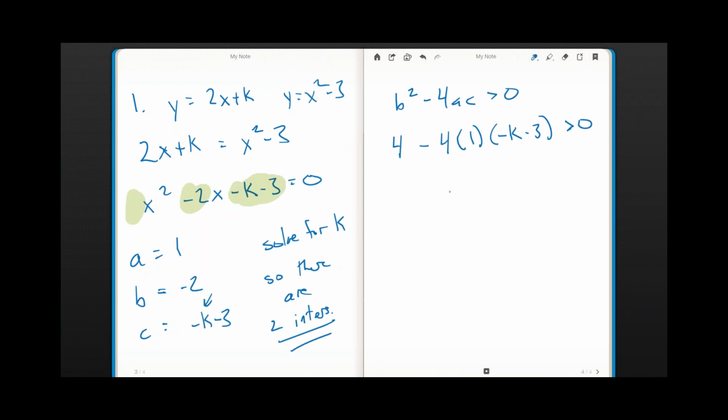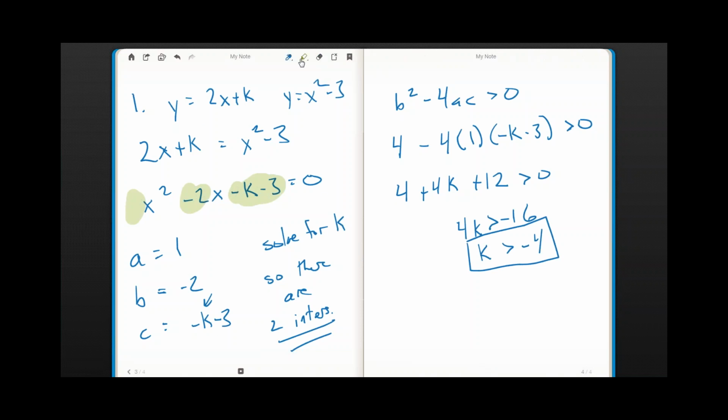When I solve that, I get 4 plus 4k plus 12 is greater than 0. 4k is greater than negative 16. k is greater than negative 4. So what we're saying is if I take a number bigger than negative 4 and I put it into this equation, or more correctly into this equation, that these two equations will touch twice.